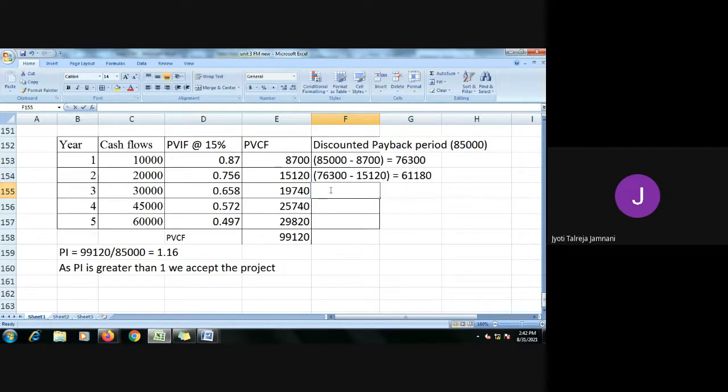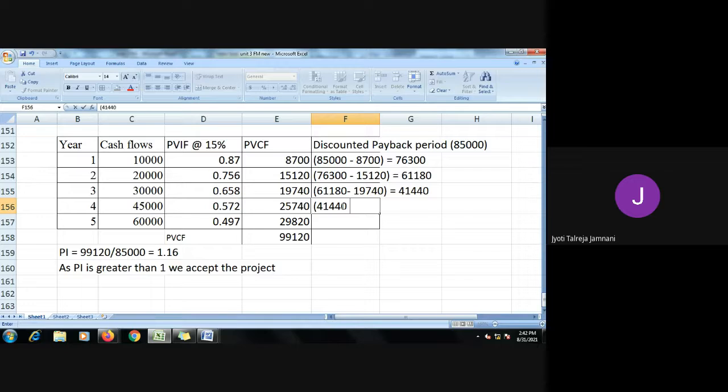Next year from 61,180 we will minus 19,740, that is this discounted cash flow. You get 41,440.